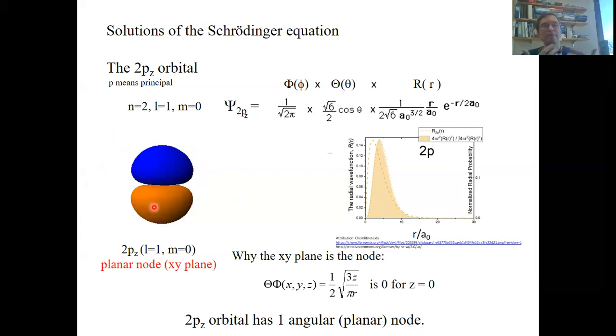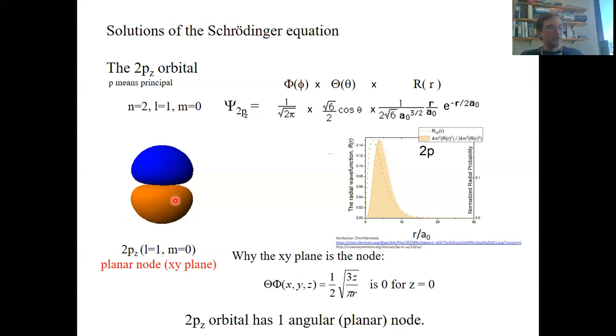And that basically explains the dumbbell shape of the 2pz orbital. It points into z direction, because the xy plane defines a planar node. Overall, our pz orbital will point into z direction.